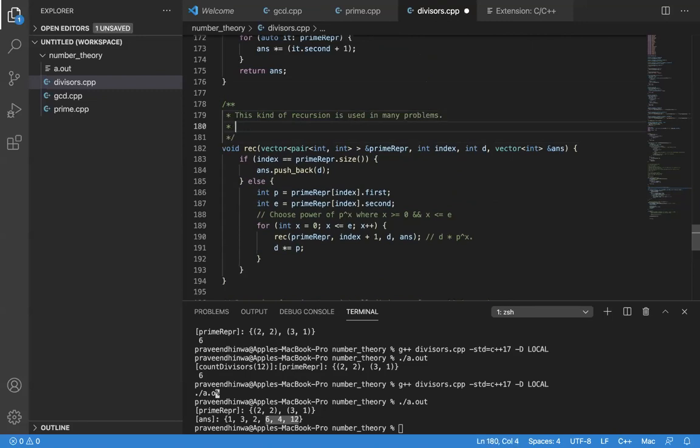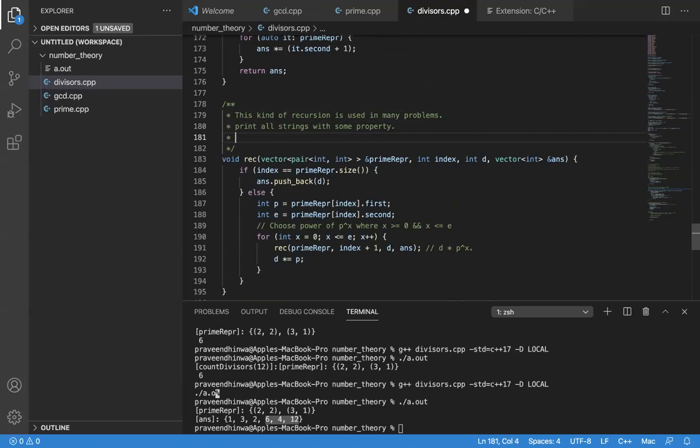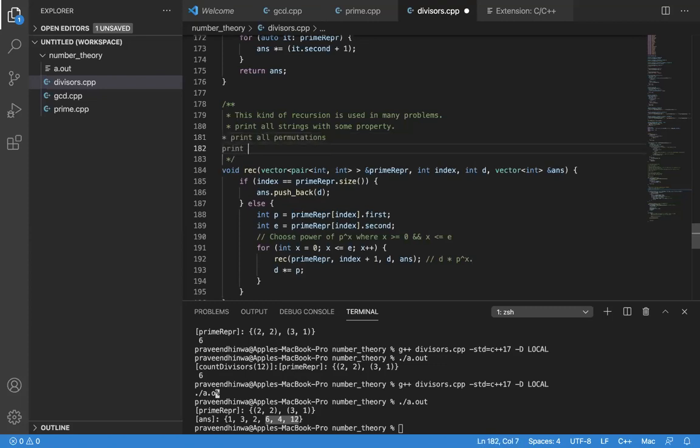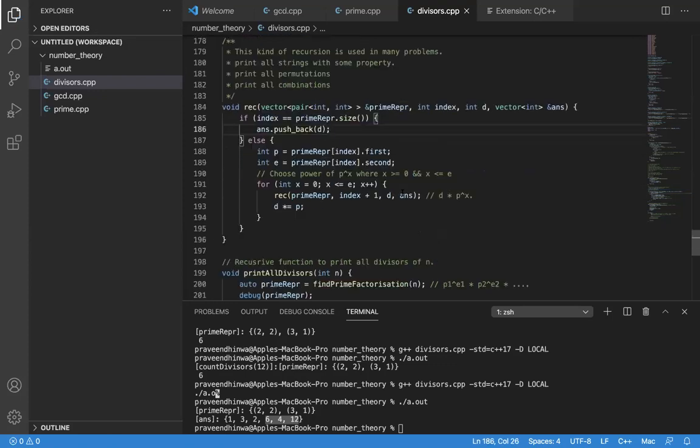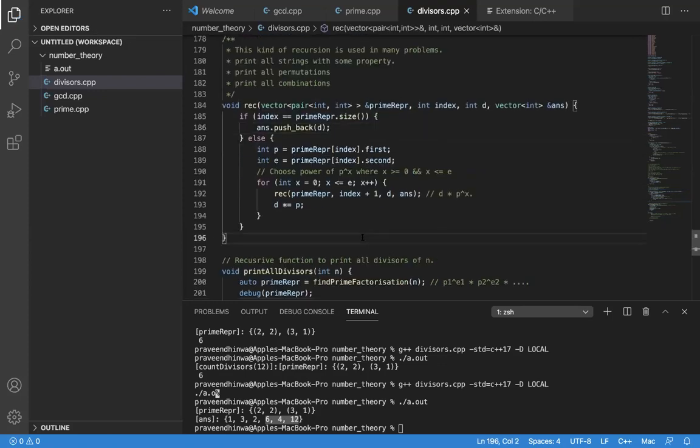Someone will say generate or print all strings with some property, or print all permutations, print all combinations. In all those scenarios, this sort of recursion is used heavily. So you should understand how this recursion is working.